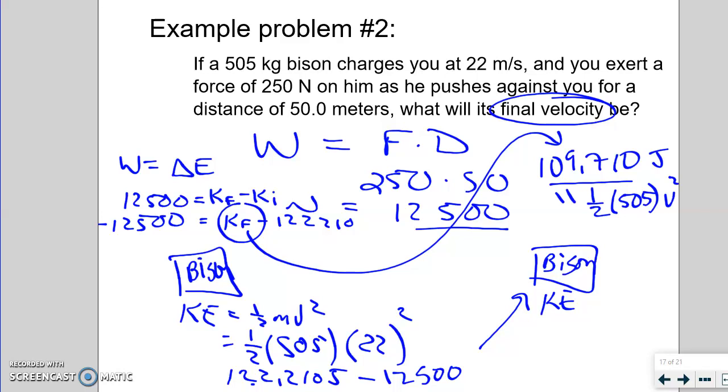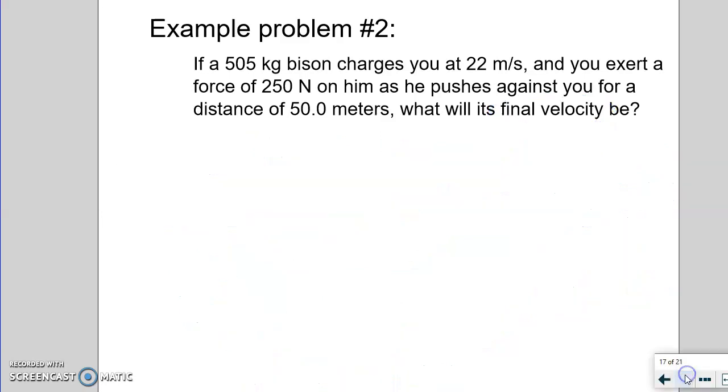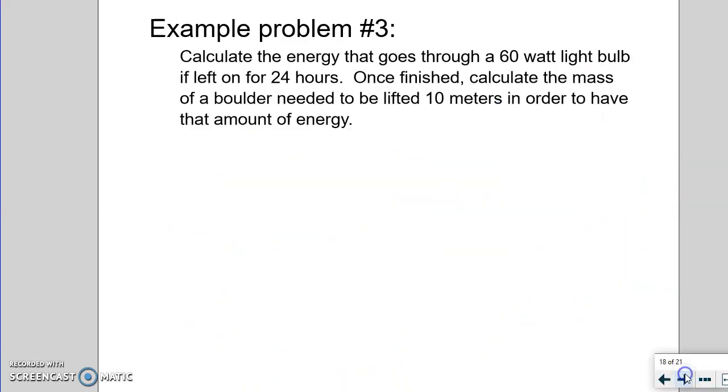We're going to divide that by 1/2, and we're going to divide it by 505, and that gets v squared equal to 434.5, and then we're going to take the square root of that to get our final answer for the velocity of 20.8, which I'll round to 21. So we did all that work, and we went from 22 meters per second for the bison to 21 meters per second. So we probably should have pushed harder. So that is that example.